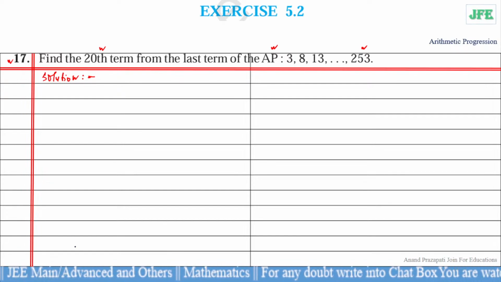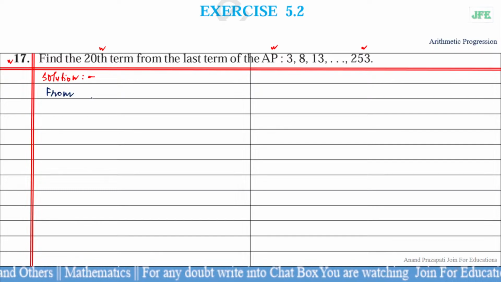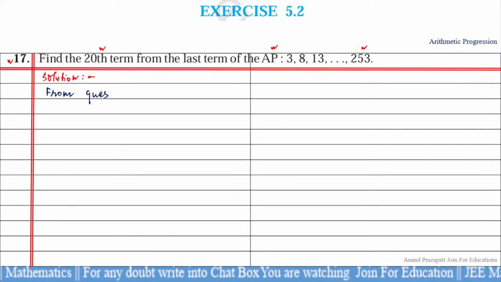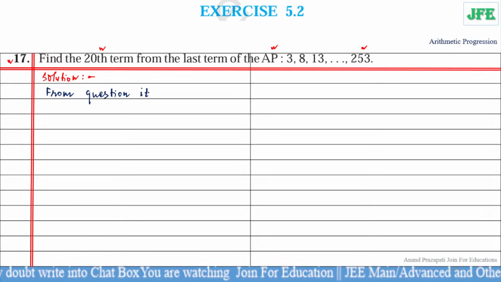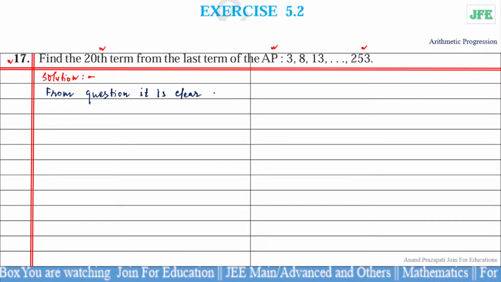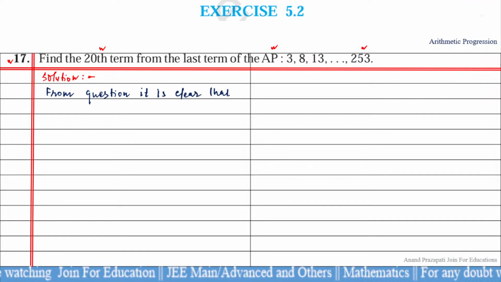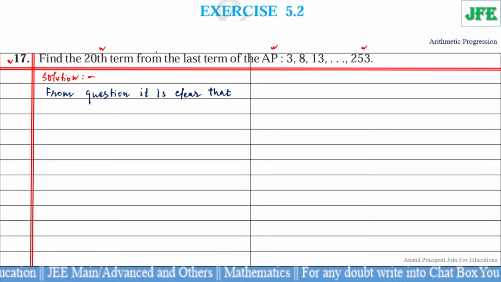So from the question it is clear that this question asks us for the 20th term from the last term.